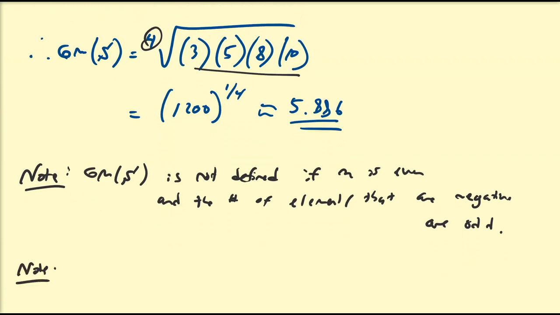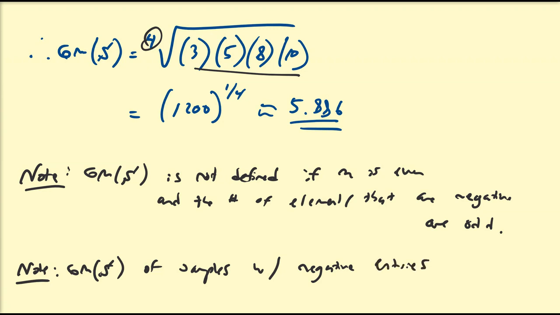But in general, one can just say the geometric mean of samples with negative entries is not defined.